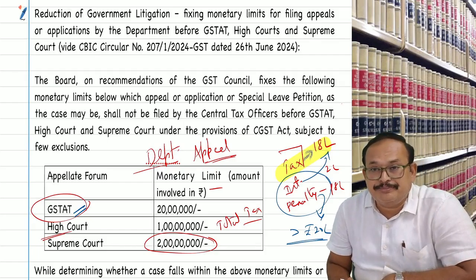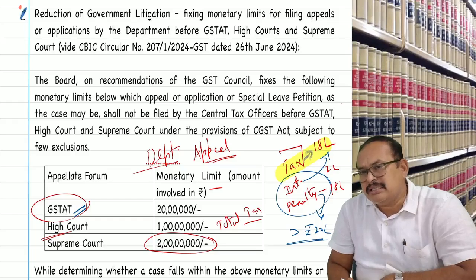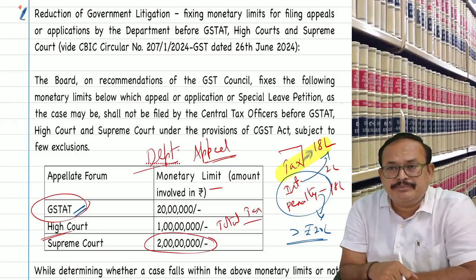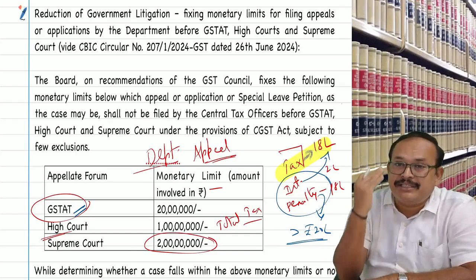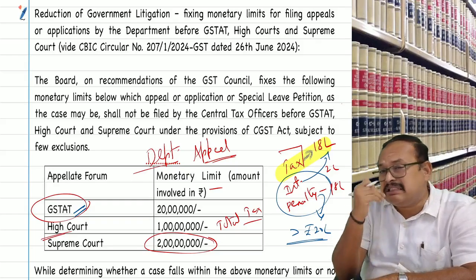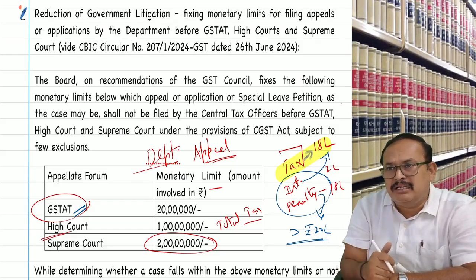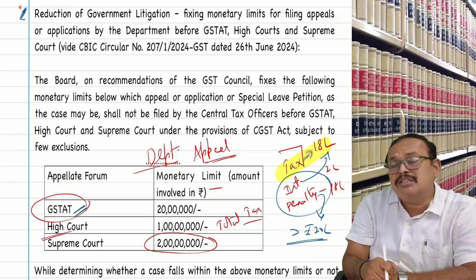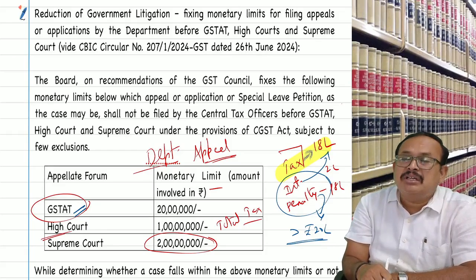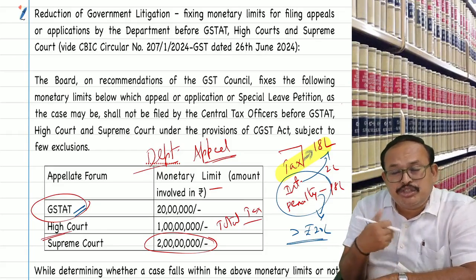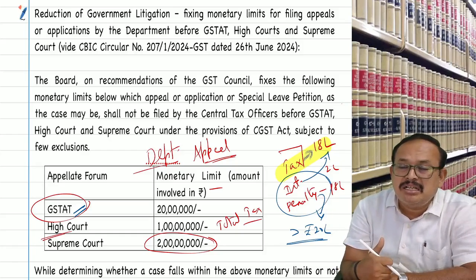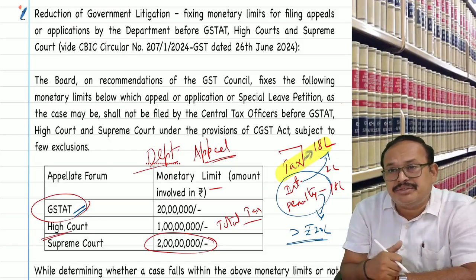However, the department can go for appeal in the following exceptional cases, irrespective of the value of tax involved. In what cases? When the judiciary gives a judgment of ultra vires, nullifying the act or the rule, or notifications issued by the government become null and void, ultra vires, or a circular of the CBIC is ultra vires.